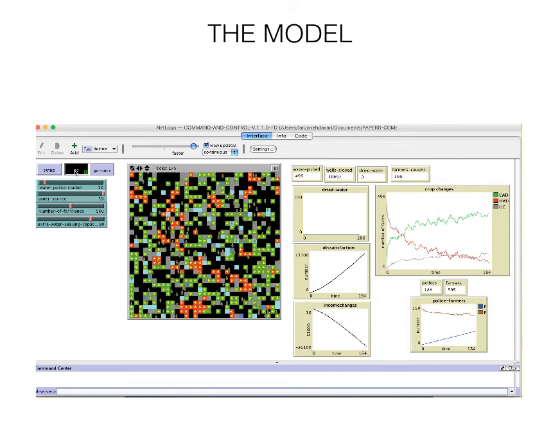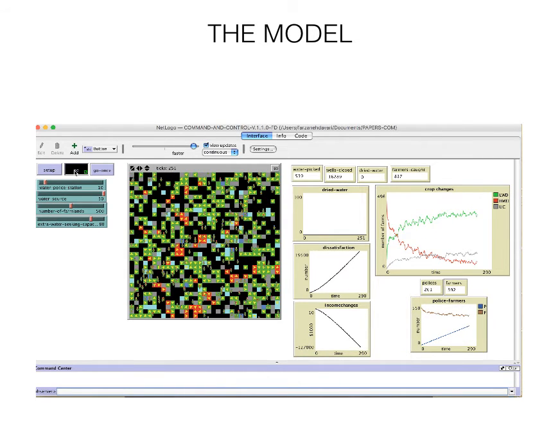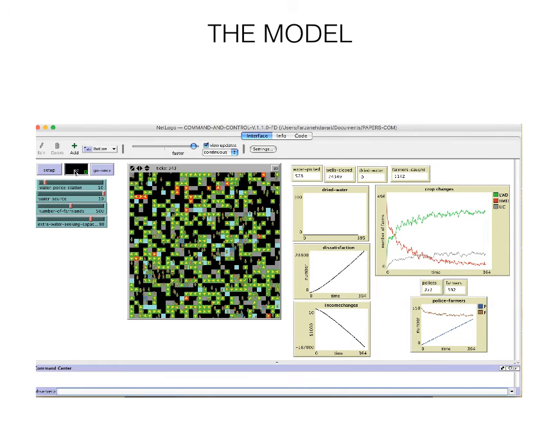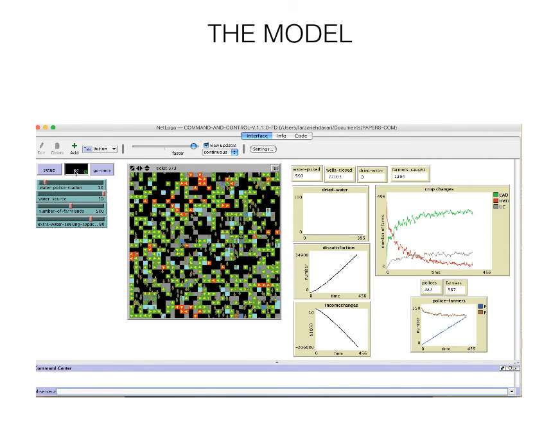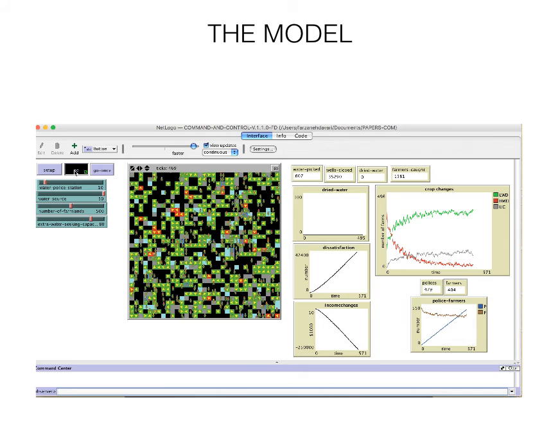Sometimes it is three or four times the number of farmers, but still the water is picked, the wells are closed, the farmers are caught, and the dissatisfaction and income changes are high, but they never get to zero high water demand crops. Elimination is increasing.